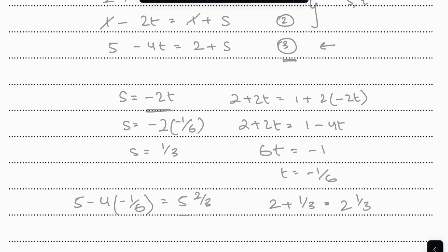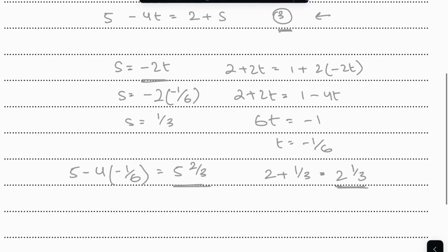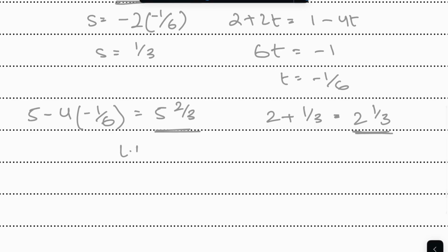As you can see, we did not get the same answer for the right and left hand side of the equation. So the left hand side and the right hand side do not equal. So we can conclude that line AB and line CD do not meet.